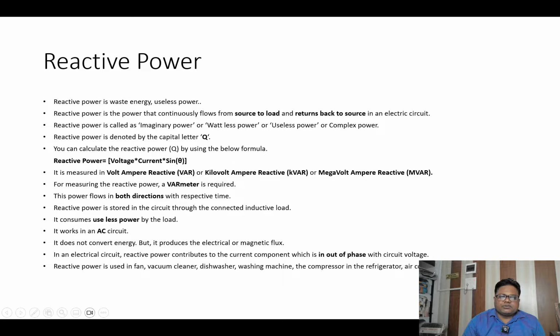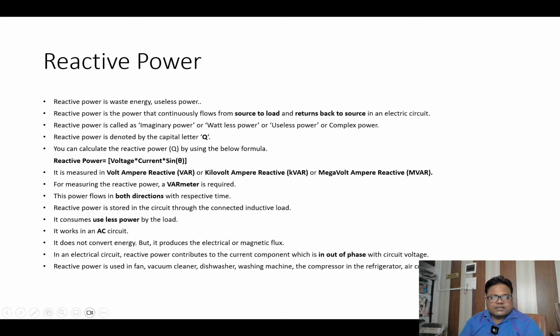Reactive power is stored in the circuit through the connected inductive load. It consumes useless power by the load. It works in an AC circuit. It does not convert energy, but it produces the electrical or magnetic flux.